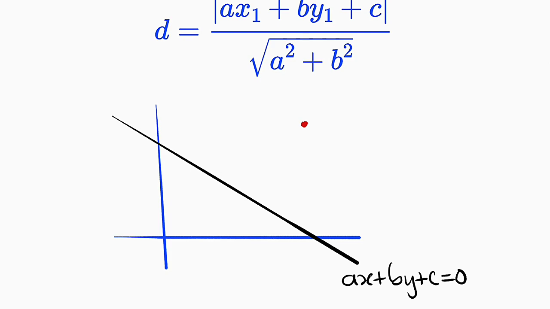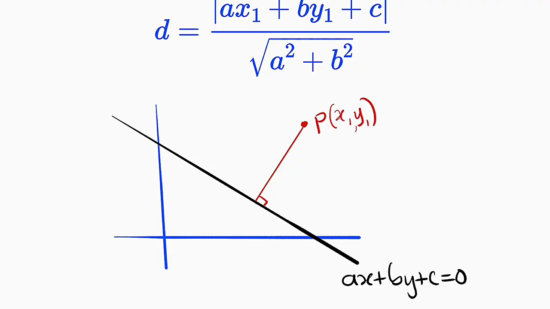So the perpendicular distance from this point to this line is the shortest distance. So you can connect this point to this line, making sure that the line meets the black line at a right angle, 90 degrees. This will give us the shortest distance. And remember, this is point P that has the coordinates x1, y1.